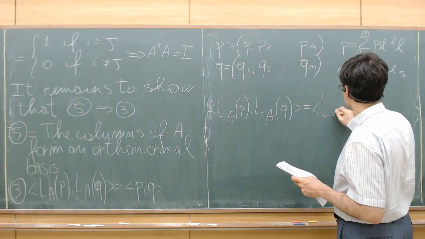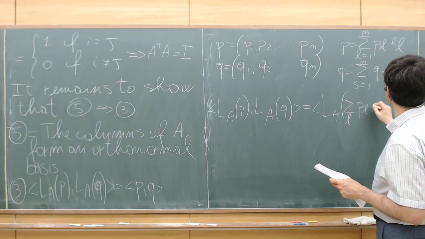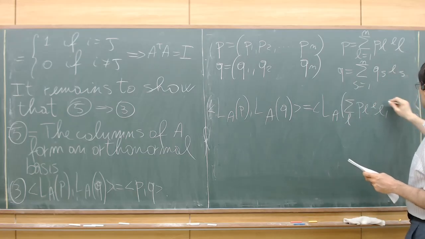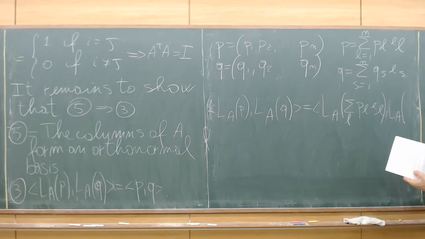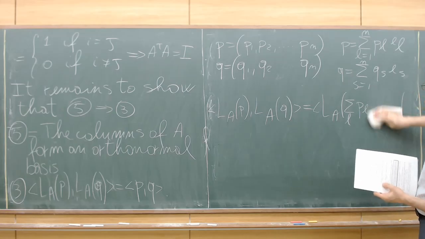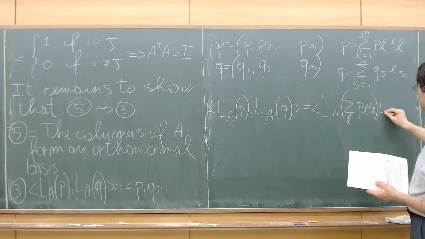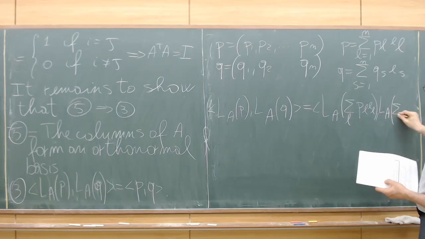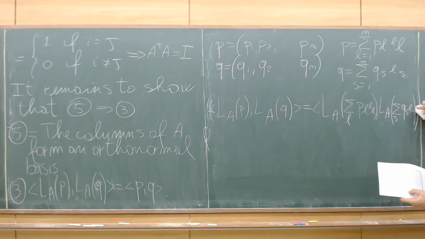This is LA of the sum on L of PL EL multiplied by LA of the sum on S of QS ES. Oh, sorry, I don't have space, so let's try to write smaller. This is an inner product, so I have to write it this way.